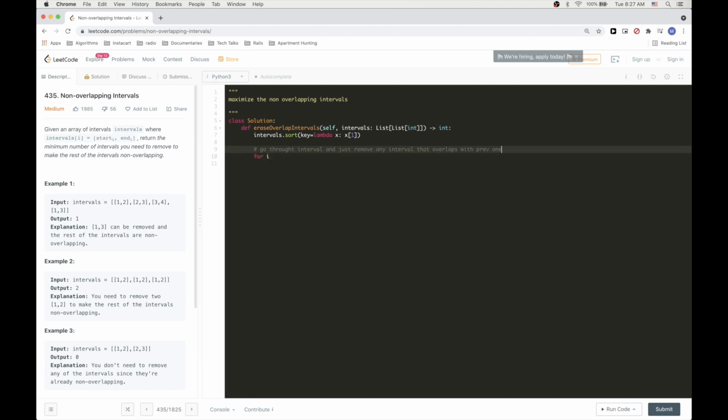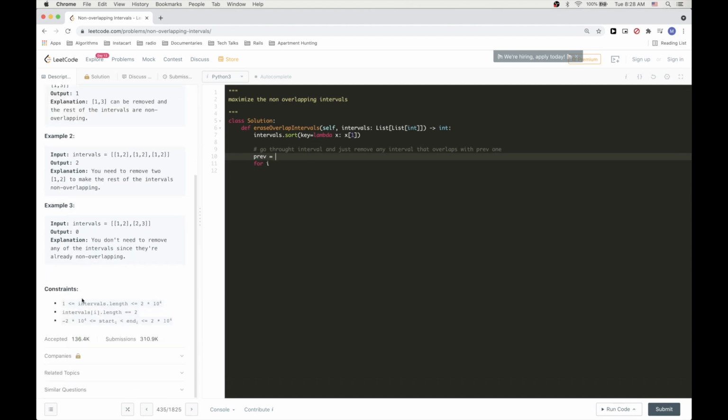So we definitely need to have a prev. What are the start and end dates? They start from 1, so let's start with prev end, call it that, equal to 0. And in intervals, we would have a start and an end, a start and finish time.